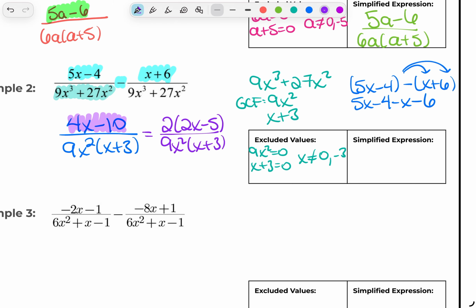And then, of course, we would look for matching factors, or if we could reduce our monomials. But 2 is a prime number and 9 is not even, so I cannot reduce it. And so it looks like we are already in simplest form, and I'm going to leave it in that factored form for my final answer.